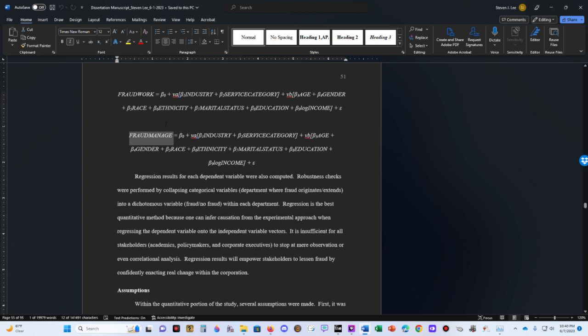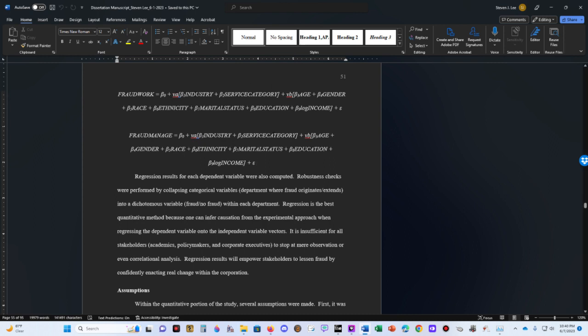So I wanted to see if the managers would perpetrate fraud. Here it was, would they originate fraud? Would they commit fraud? And in this model, would the managers allow fraud to continue through the organization by not flagging it, essentially? I wanted to know if both the workers and the managers from specific industries and service categories were more or less likely to engage in fraud or to perpetuate it.